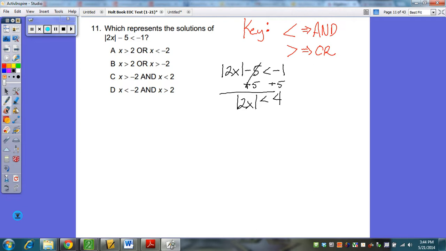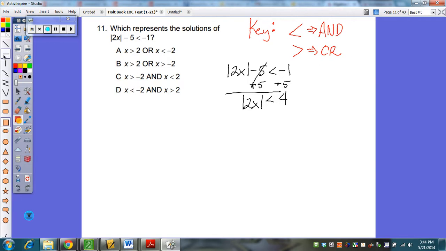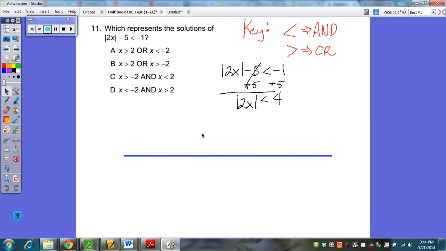So again, if we have a number line, okay, then this absolute value says whatever is in the absolute value has to be less than 4 units away from 0 in both directions. It's a distance. Less than 4 units away from 0.